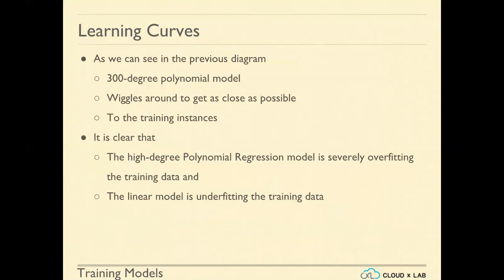Basically, the 300-degree polynomial was wiggling around to get as close as possible to the training instances. It is clear that the high degree polynomial regression model is severely overfitting the training data. The linear model is underfitting the training data.